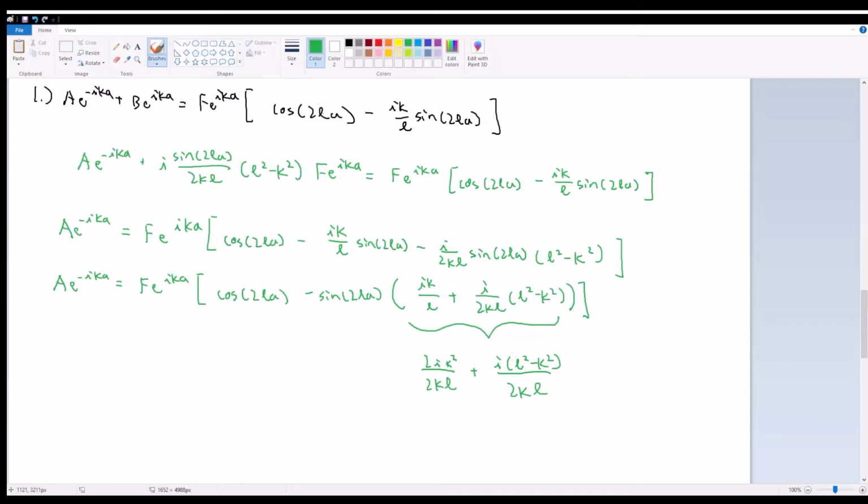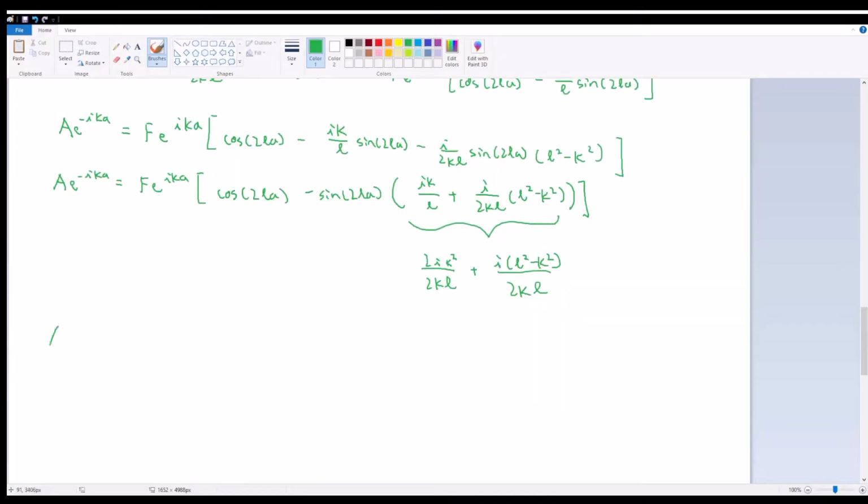So this is going to simplify down. We're going to get that a times e to the negative ika is equal to f e to the ika times cosine 2la subtracted by sine of 2la multiplied by 2ik squared plus i l squared minus k squared over 2kl.